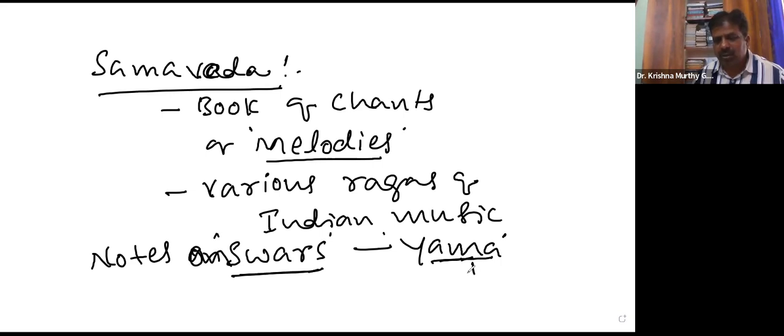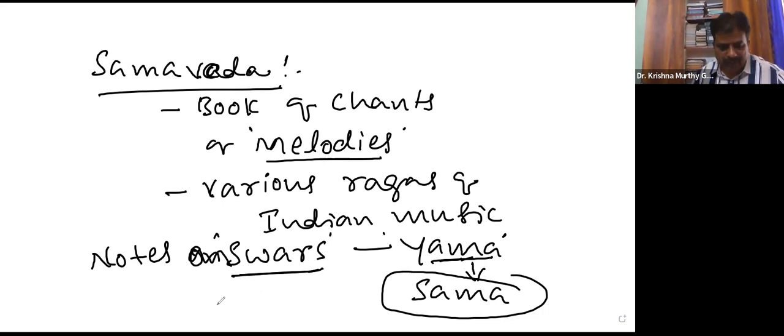It also greatly influenced Indian Sufis. Indian Sufis were very much influenced by the Indian musical notes or swaras. Therefore, Sufi people recognized the Yama in the name of Sama. Sama means the music or musical notes of the Sufis.